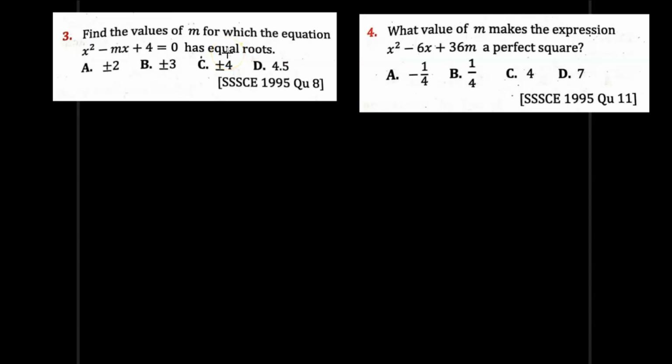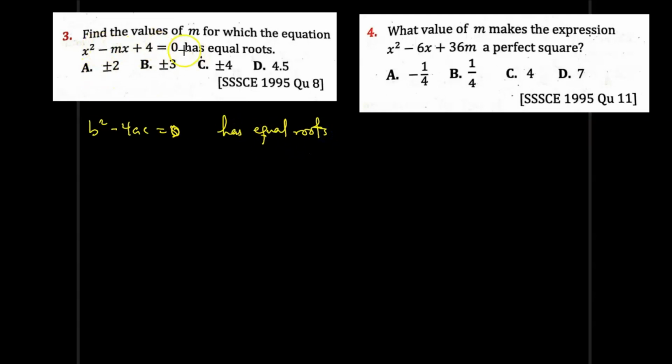Remember, when the quadratic equation has equal roots, then we learned that the discriminant is supposed to be equal to 0. So from whatever we learned early on, the discriminant b squared minus 4ac, when it's equal to 0, then it means the quadratic equation has equal roots.